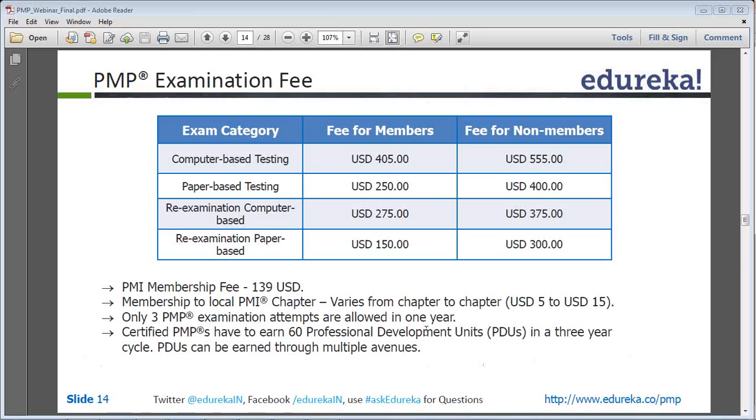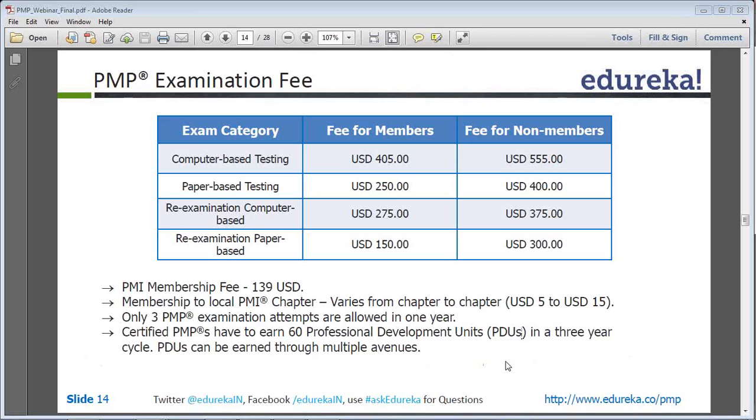And for continuing the certification, you need to collect 60 PDUs. Out of these 60 PDUs, you can claim 5 PDUs per year. That means 15 PDUs over the period of 3 years, because you are a practicing project manager. But the other 45 PDUs you have to get.